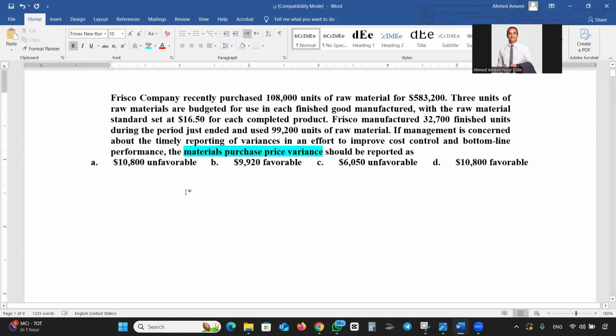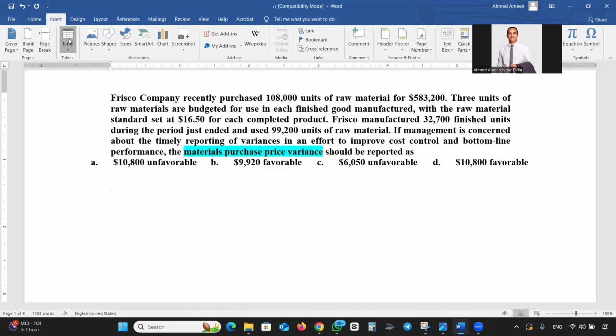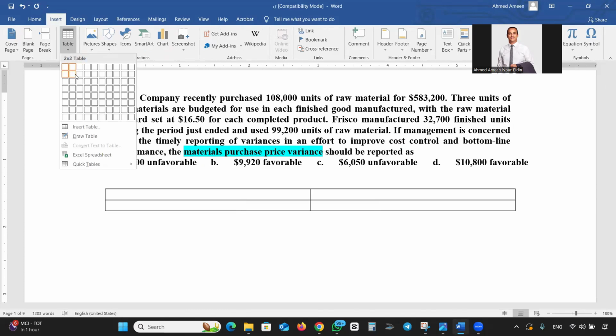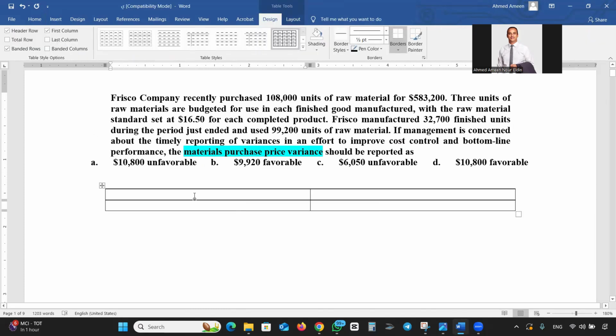In the exam, you should remember both formulas: direct material price variance and direct material efficiency variance, or quantity variance.